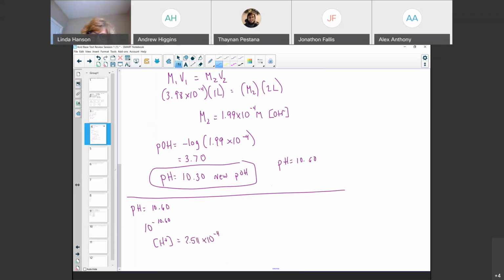10 to the negative pH gave me my hydrogen ion concentration. And remember, that was in 1 liter. So you're diluting that. And when you divide that by 2, you get a number of 1.26 times 10 to the negative 11.